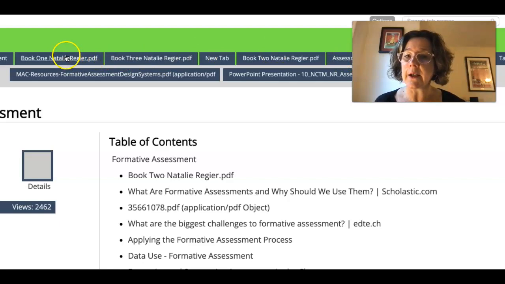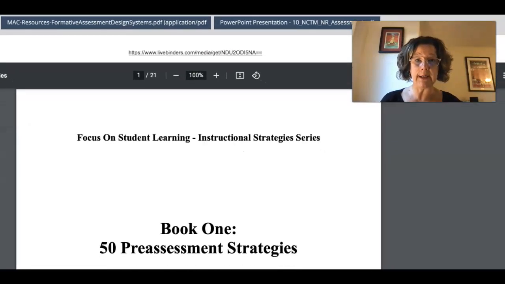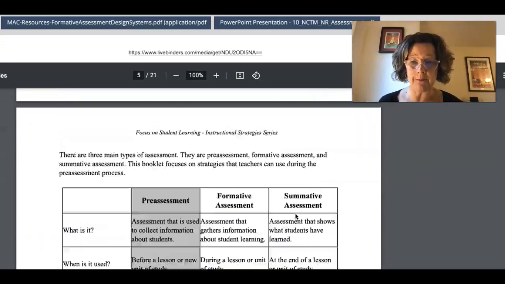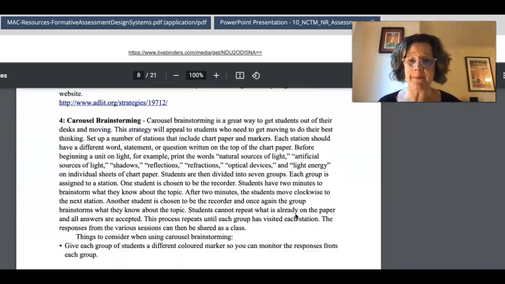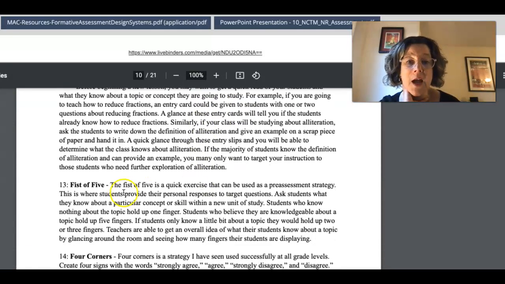So if you go here, she actually has some really great, hang on, sorry, if this makes you ill, some just really practical strategies like email questions and entry exit cards, first of 5s, quick exercise that can be used as pre-assessment strategy. This is where students provide their personal responses.